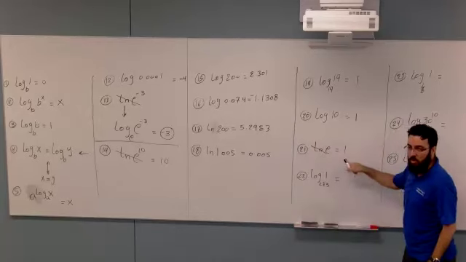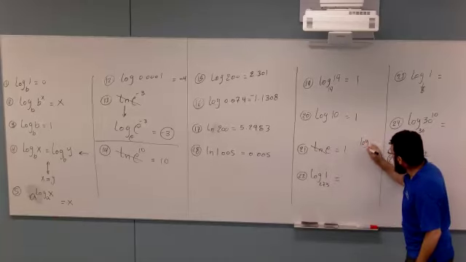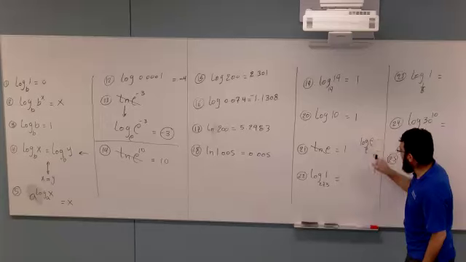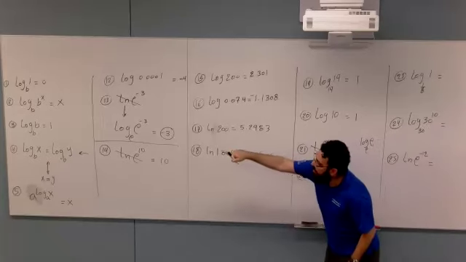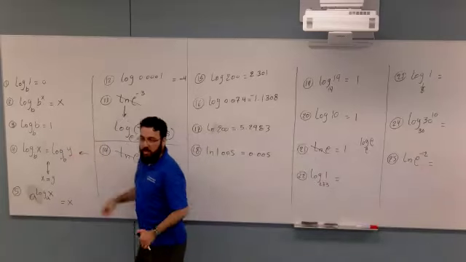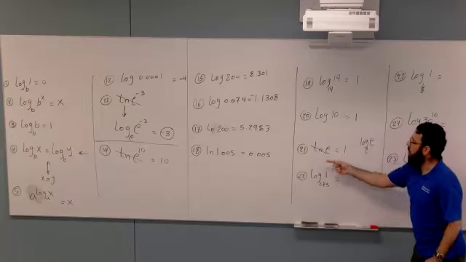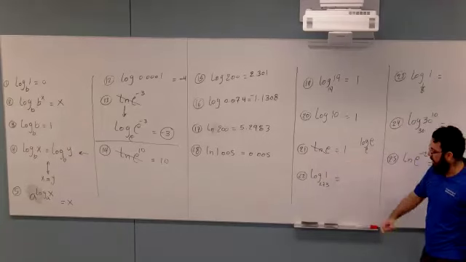So the result is 1. Why? Because ln is log to the base e, and here is e. So it's similar to property 13. The result is going to be 1. That's why every time I see ln with e, I put 1.